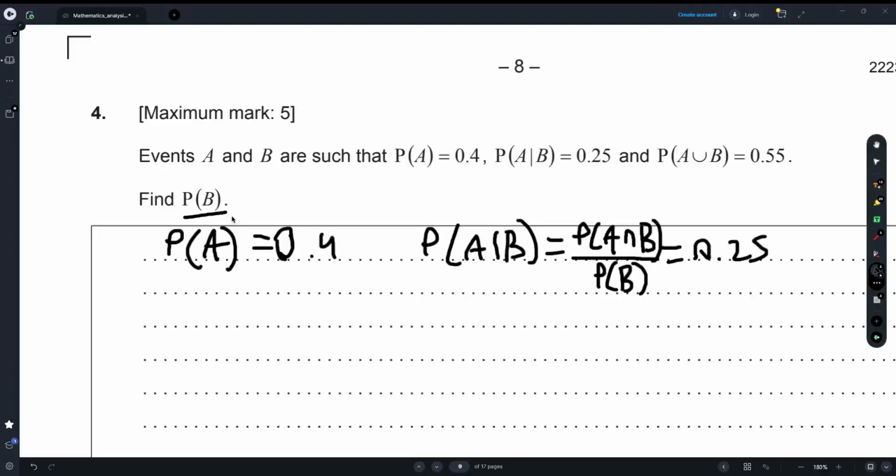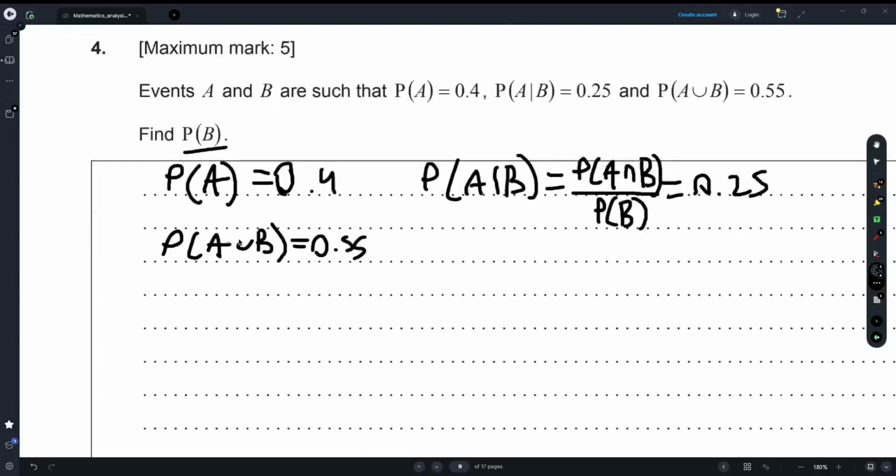In the end, they want us to find P of B, so let's keep that in mind. And P of A union B is 0.55. This can also be written as P of A plus P of B minus P of A and B.